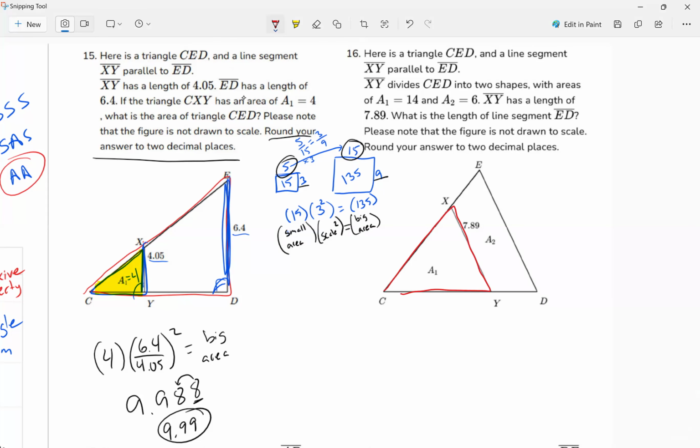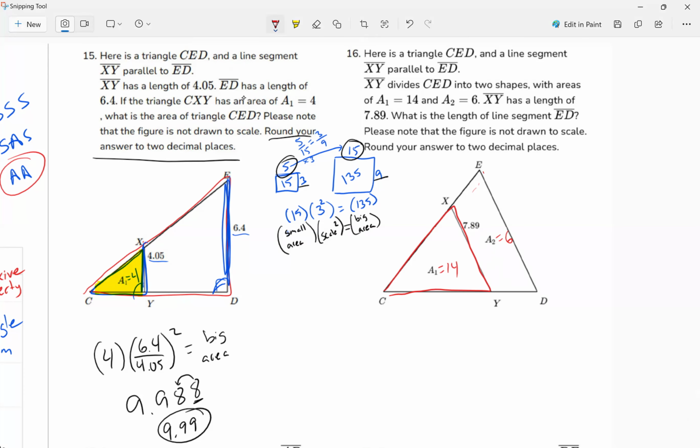Area 1 is 14. Area 2 is 6, just this area. XY has a length of 7.89. What is the length of the line segment ED?